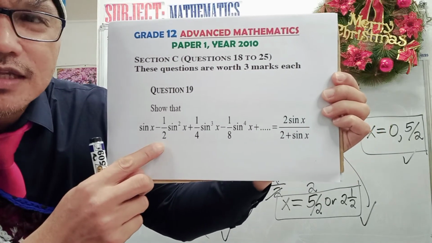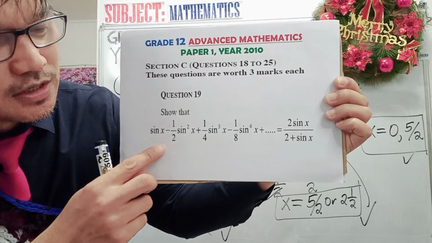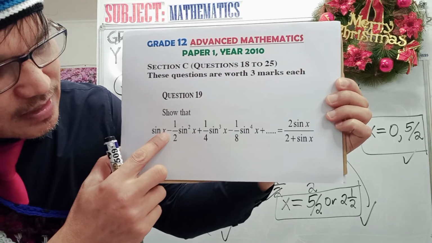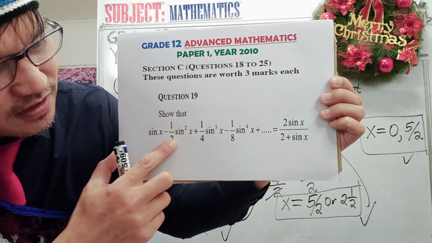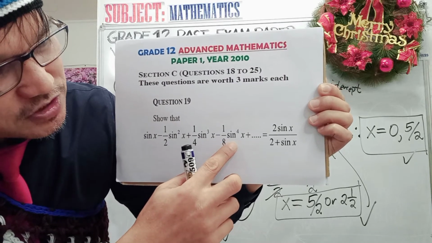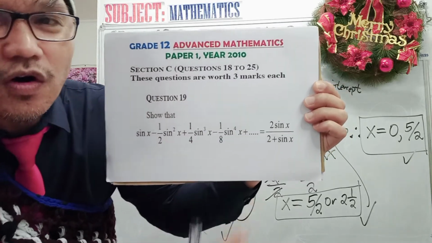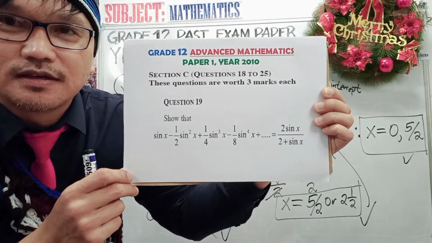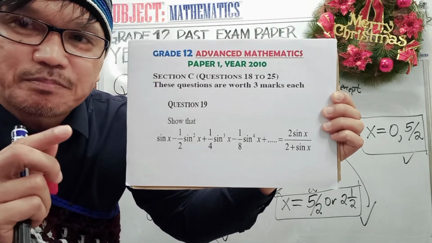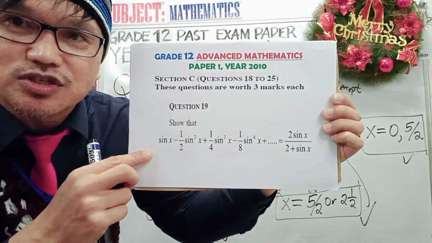Now, how will you know that this one is a series? You will notice that this is the first term separated by a minus sign, which is the sign of the second term, and then the sign of the third term, and then the sign of the fourth term, and so on and so forth. Because you are already provided with a formula, you should not panic when you encounter this kind of question.